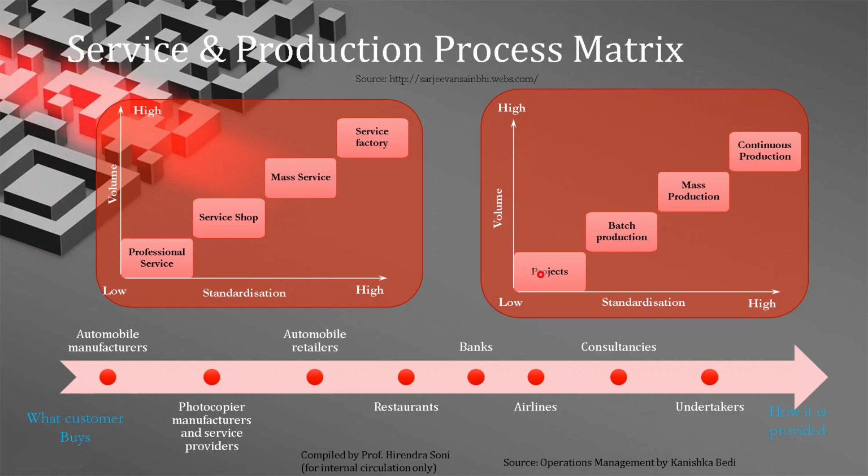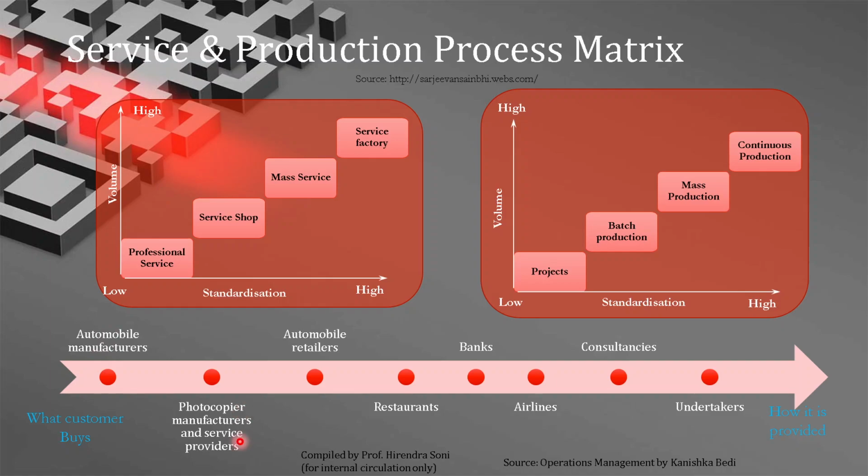When we talk about volumes, in case of projects, the volumes are very low and are the maximum when we talk about continuous production. So as we move from projects to batch, batch to mass, and mass to continuous, the volumes also increase.